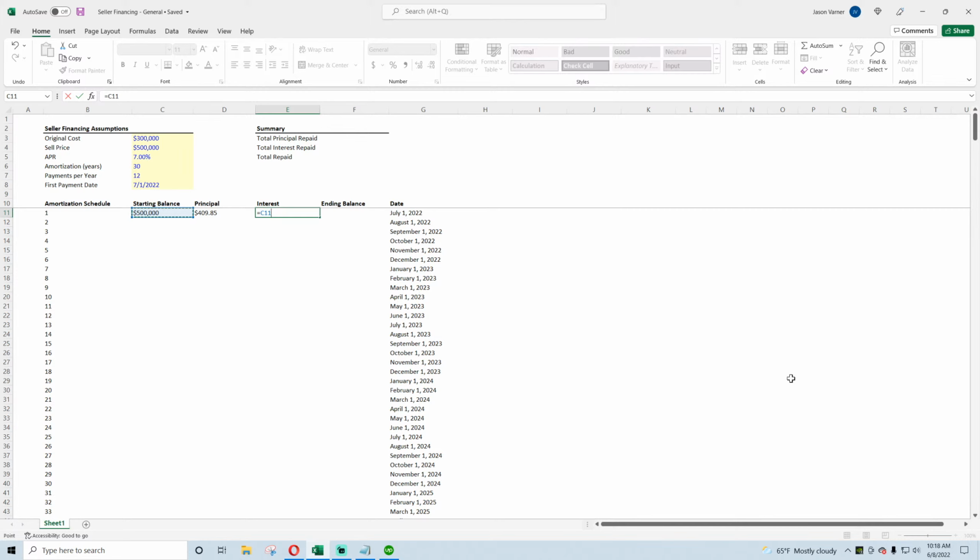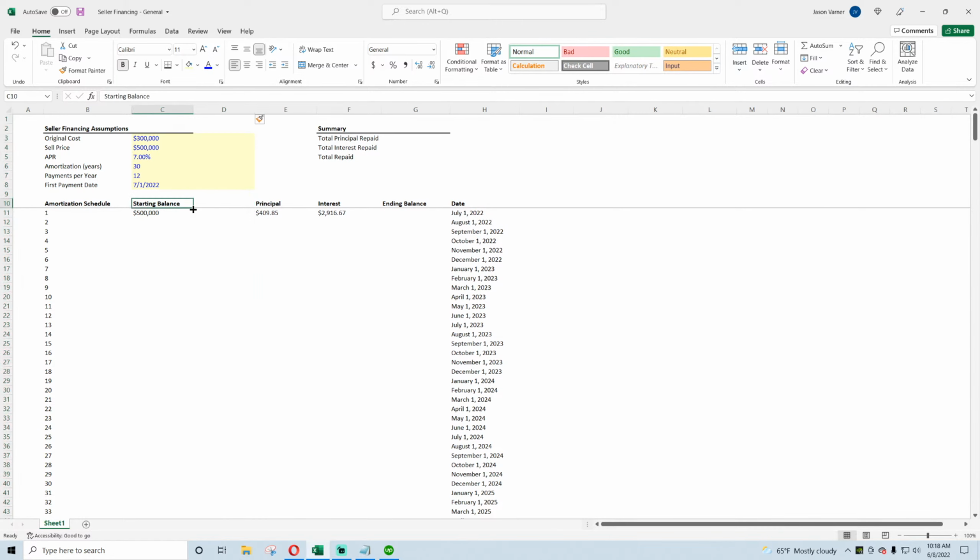So starting balance times the annual rate divided by payments per year. Well, we also want to do a total payment here.